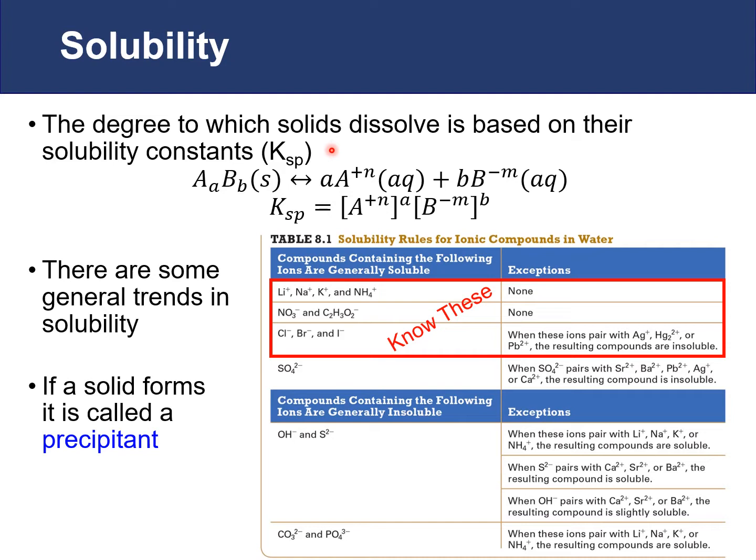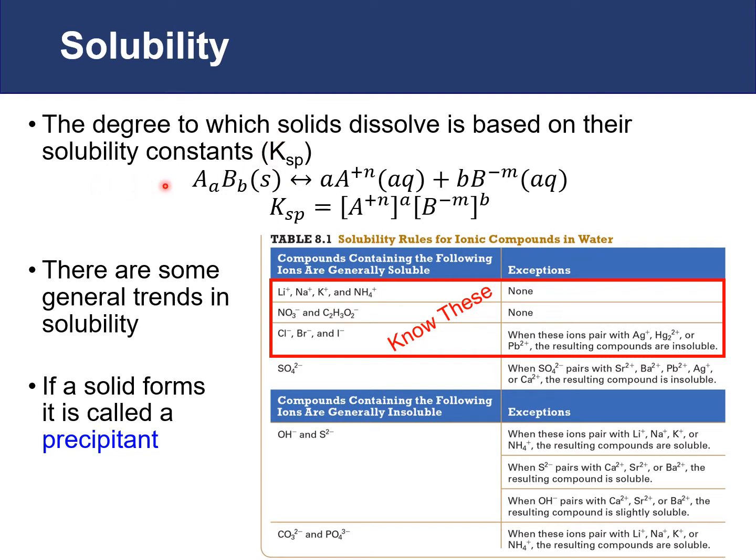The way our equilibrium constants work in terms of the equilibrium constant equation is products raised to their respective powers divided by reactants raised to their respective powers, leaving out solids and liquids. So when we're talking about the solubility constant, that is the ability for a solid to dissolve in a given solvent.